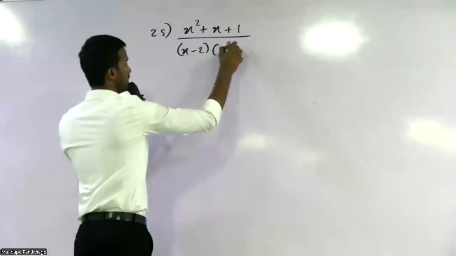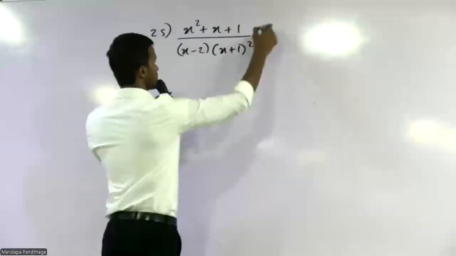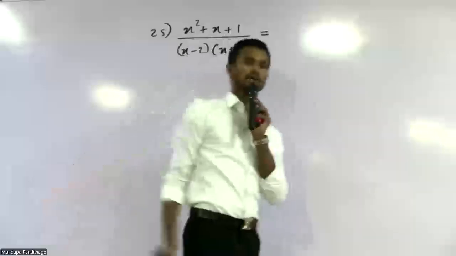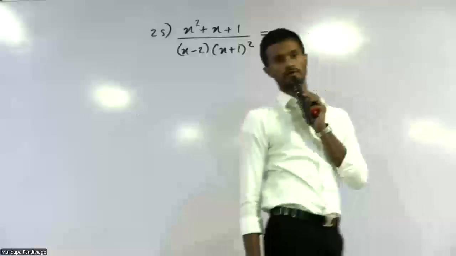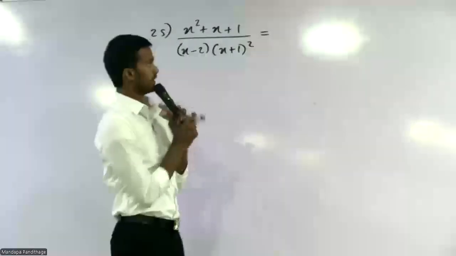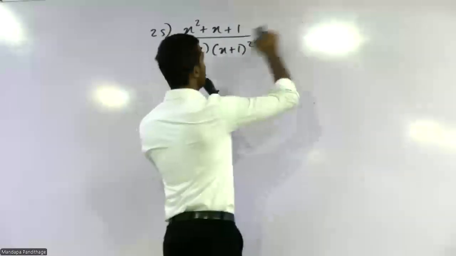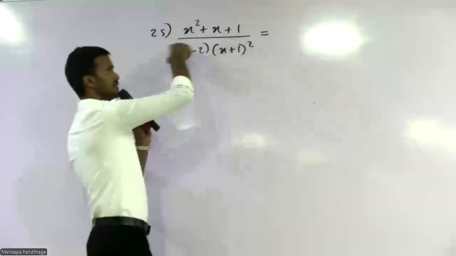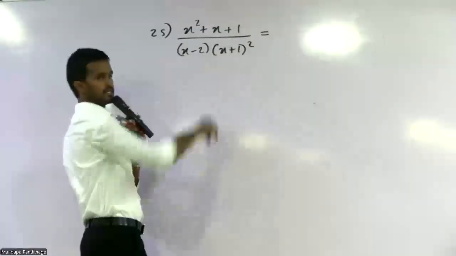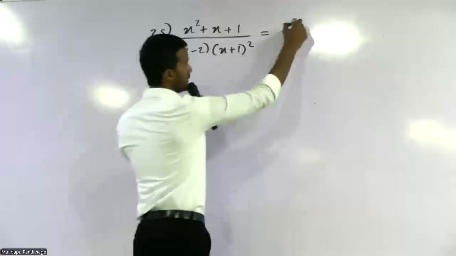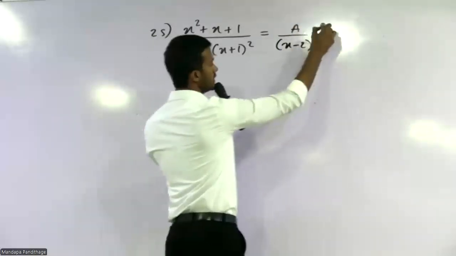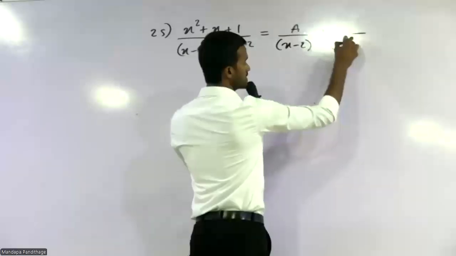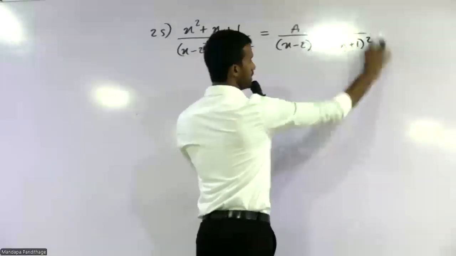Okay. So normally when I ask the students to write this, I have noticed they are writing this in 3 main ways. 3 different ways. One is they consider, okay, I have completely factorized this. And then they are writing A over x minus 2 and x plus 1 squared.